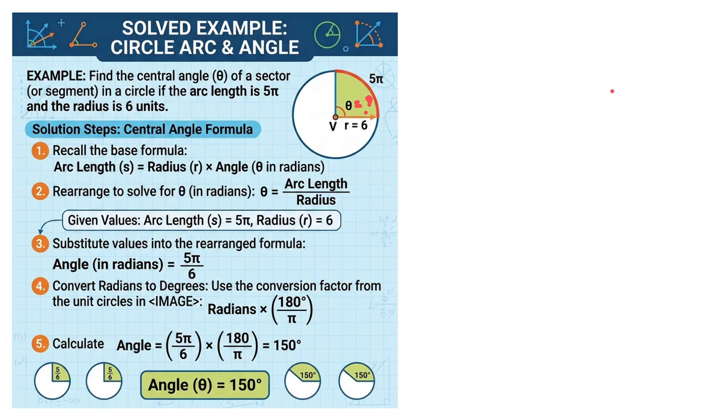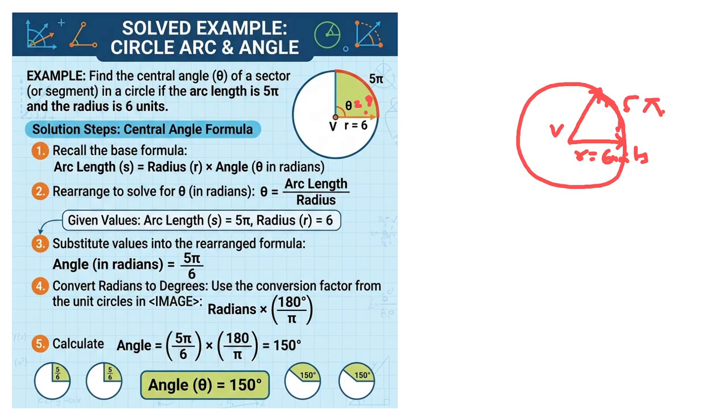Let's say this is a circle and this is the vertex V. They have given the radius, r is equal to 6 units, and the arc is 5 pi. They're asking to find the angle theta. So how to find it?